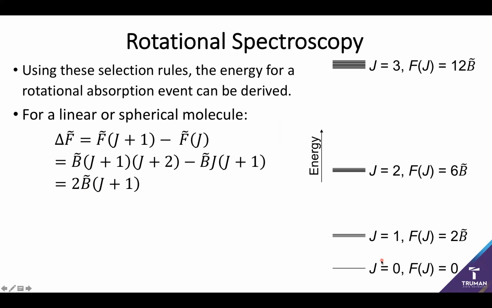As a consequence, our energies will tend to separate out the larger my initial J value. Initially quite close together and increasingly further and further apart.